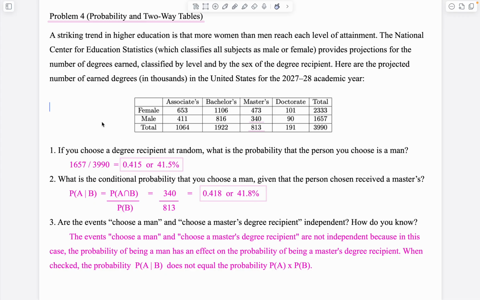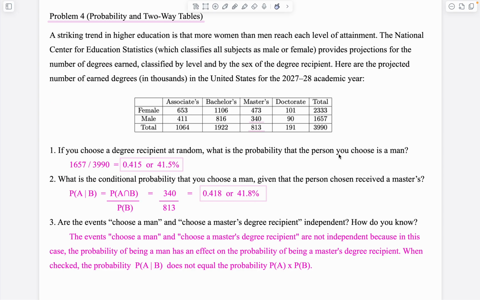So part 1 asks, if you choose a degree recipient at random, what is the probability that the person you choose is a man? So if you're looking for any of the degrees, you will look for the total amount of degrees, which would be 3,990. So that's going to be your dividing factor right here.